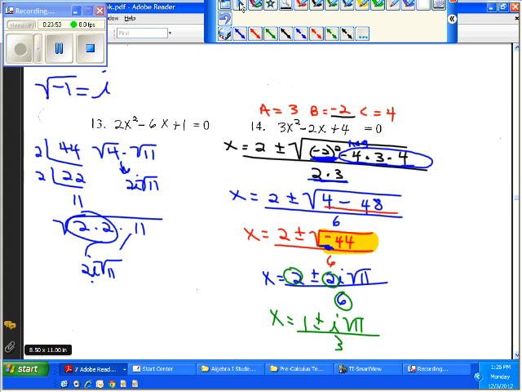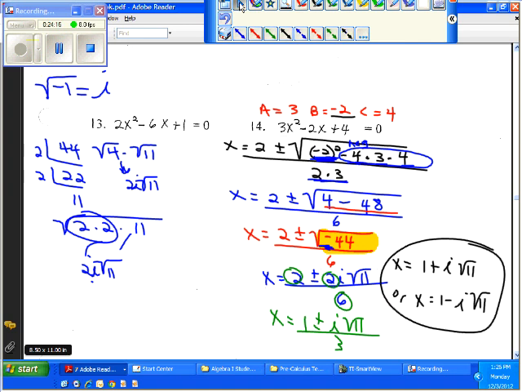Then we're going to apply the plus or minus. So we're going to have x is equal to 1 plus i square root 11, or x is equal to 1 minus i square root 11. And that would be your two imaginary roots, which you could also write as something comma 0, right?